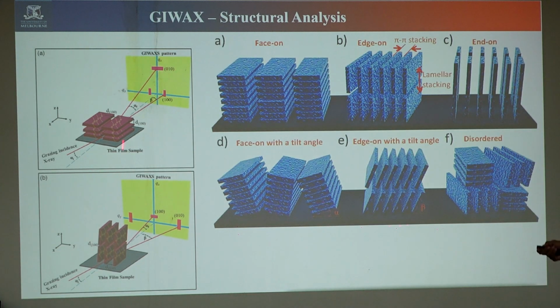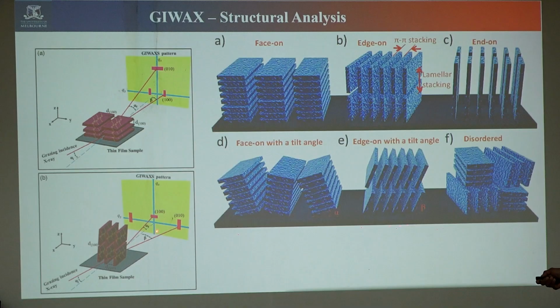Okay. In contrast, if the arrangement is like this, the 0 1 0 peak will come like this, because when the arrangement is like this, the ray cannot deflect over there. The reflection can come out only in this direction, the x direction, so the 0 1 0 peak will come. If you see the QXY direction, it's around 1.6.